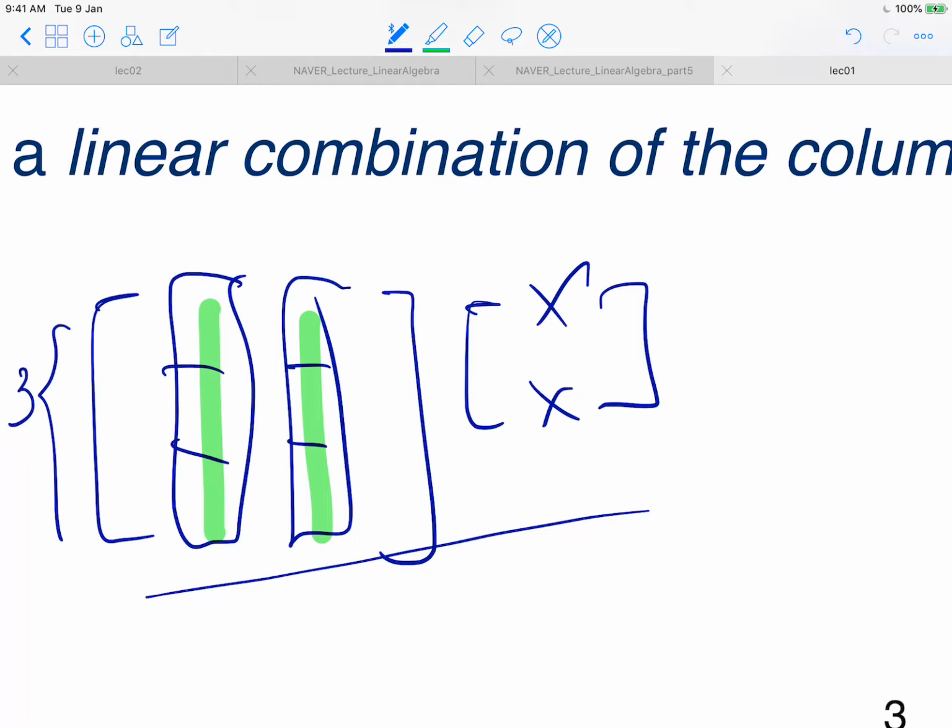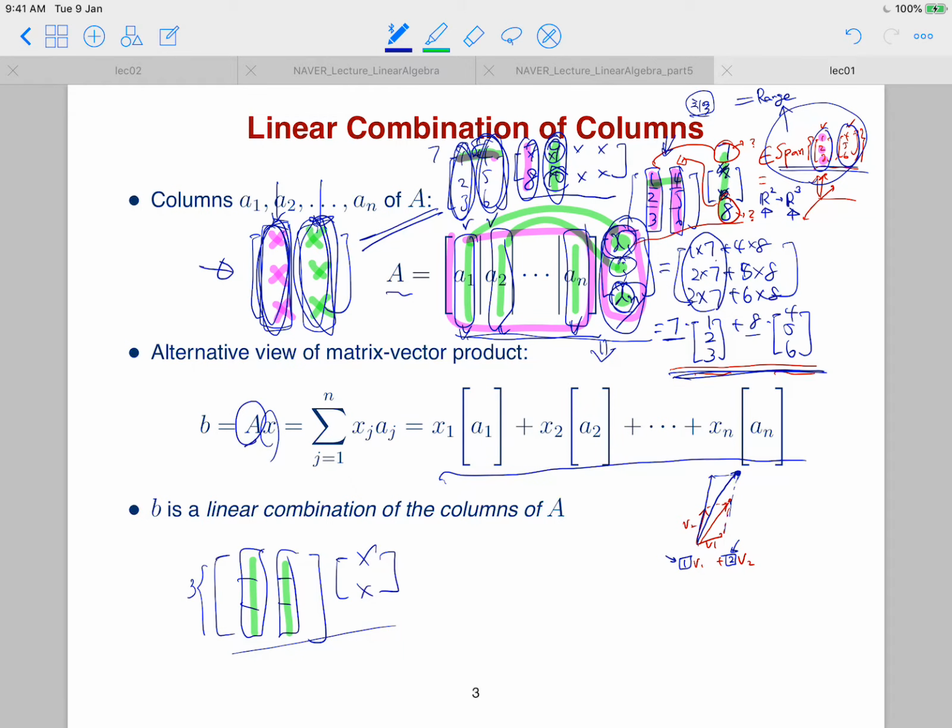It cannot be generated outside of this thin plane, right? Okay.